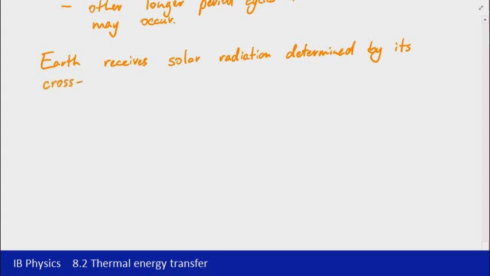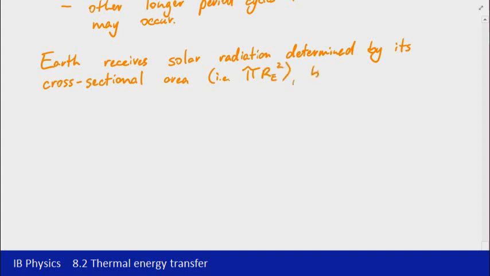So if you would imagine shining a light on an object, the light that it's going to receive is determined by the cross-section, not so much the 3D nature of the object. And so for the Earth, being a sphere, its cross-section is a circle that's given by pi r squared.